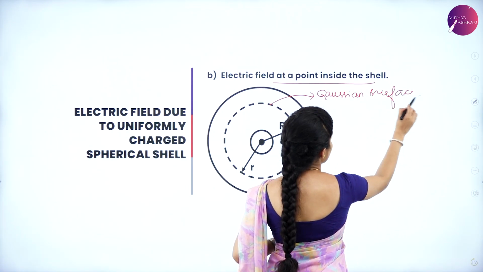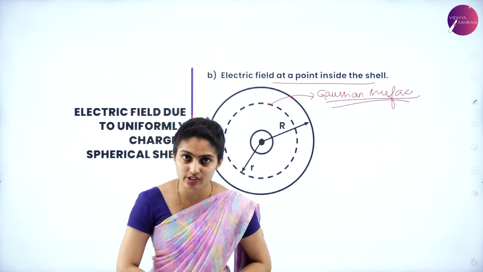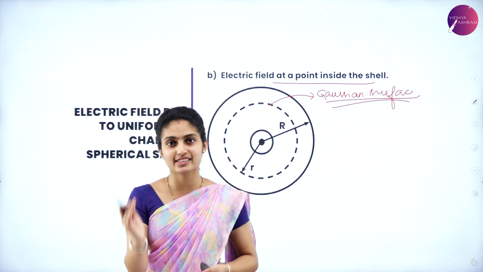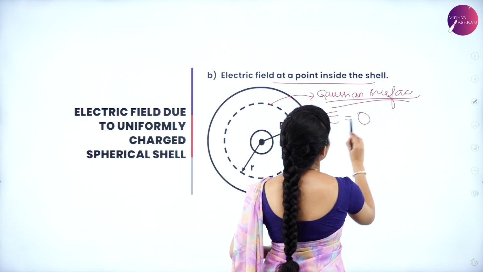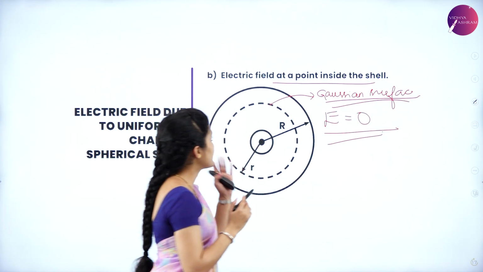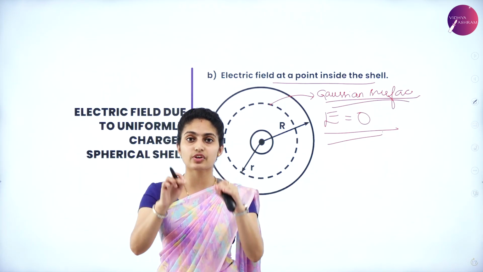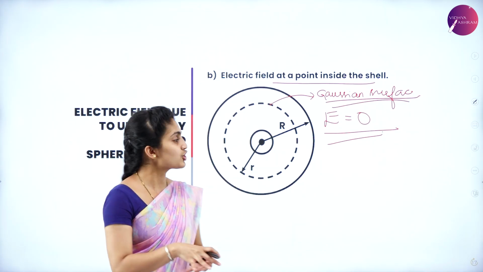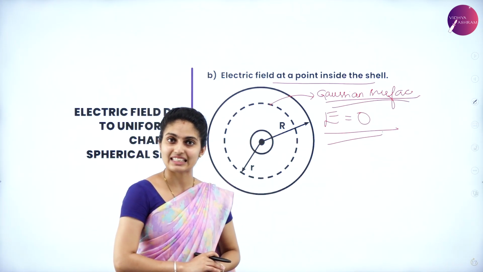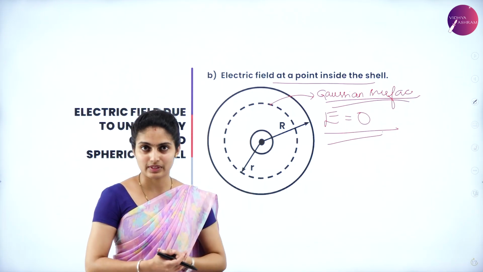But in this case, inside the sphere, I have already told you the charge is 0, therefore the electric field E is 0. Since the Gaussian surface is placed inside the shell, the field inside the shell is always E equal to 0. This is simple, isn't it?